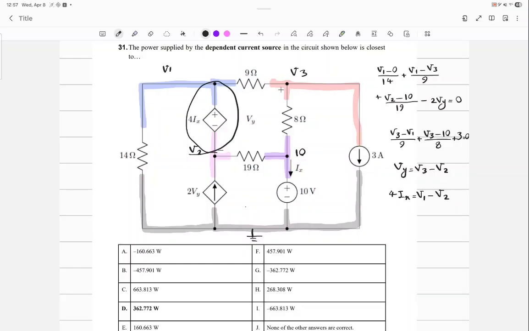Why don't we plug in Vy into the first equation and then do a KVL around either V1 or V2? Or no. Yes. The one you added, you got rid of. You could do. Okay, let me ask you this.